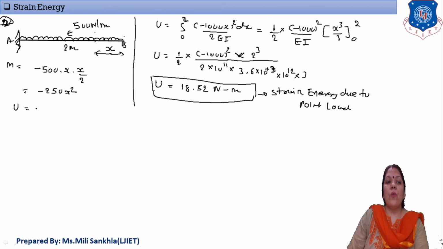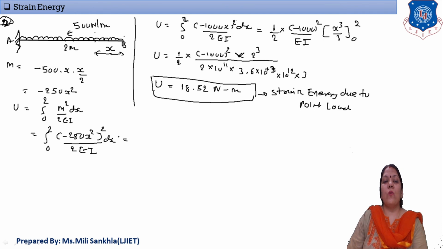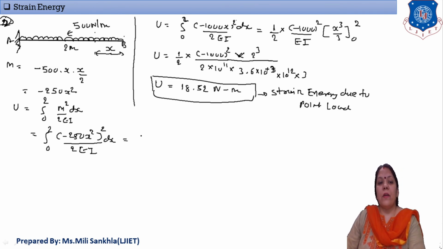Now U is equal to the limit of 0 to 2, then M square, divided by 2EI, into dx. Now one by one put the values. Limit of 0 to 2, M is equal to 250 x square, then square, divided by 2EI into dx. Now again here 1 by 2EI is common.